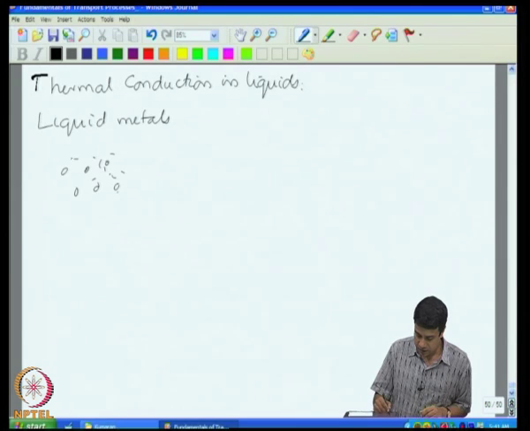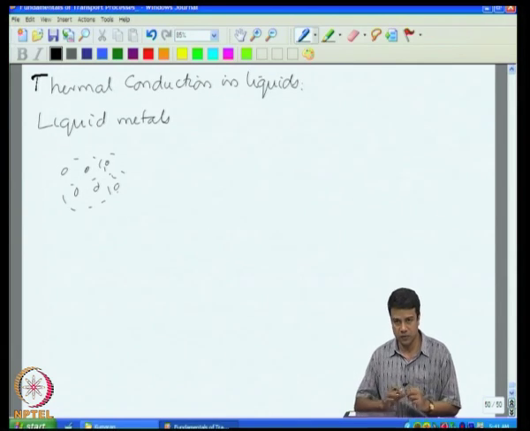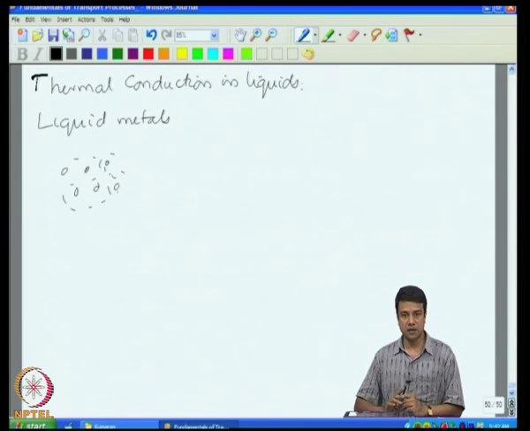The electron cloud is essentially shared by all the molecules, and this can result in very fast thermal conduction. Therefore, the thermal conductivities of liquid metals are very high, because the mechanism of transport is basically due to the electron clouds, which are shared by all the molecules.